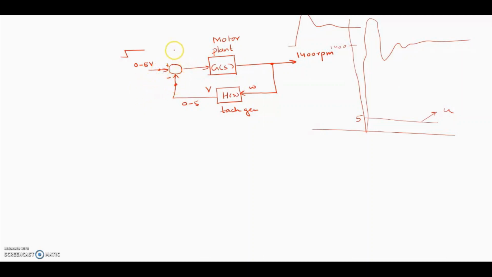Because here it is a summer block, and for error to be 0, this should be equal to this. So these two are comparable. So that is what we are doing in the rscale function. We are keeping the output down to this level, or in short, we are trying to mimic this signal here, so that when we do this, we can actually compare the two signals.